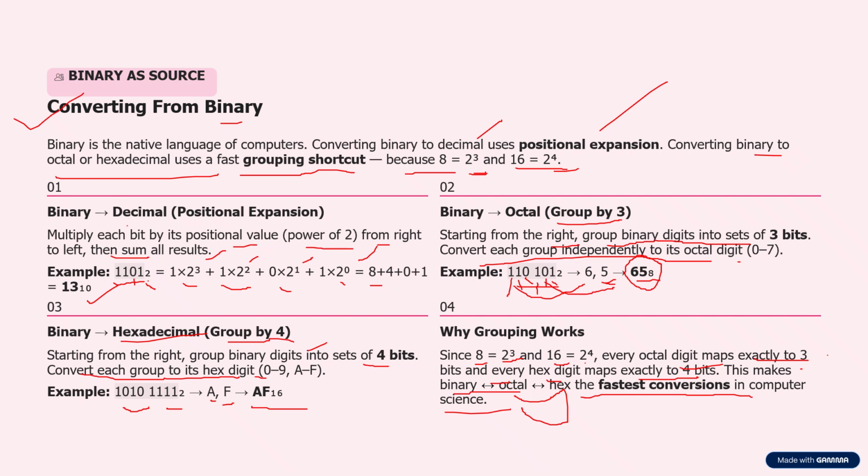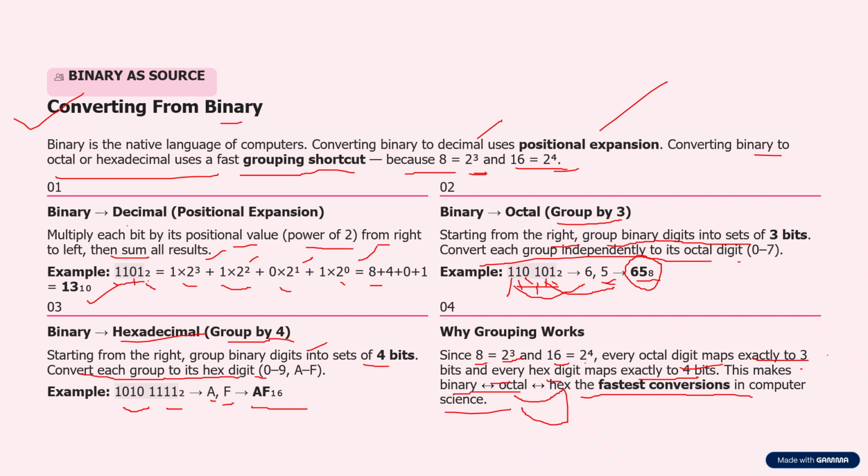Now let's explore how grouping works in practice. For example, when converting binary to hexadecimal, we start from the right and group the binary digits into sets of 4 bits. Each group then directly converts to a hexadecimal digit, which can be a number from 0 to 9 or a letter from A to F. Similarly, when converting binary to octal, we start from the right but group the binary digits into sets of 3 bits.